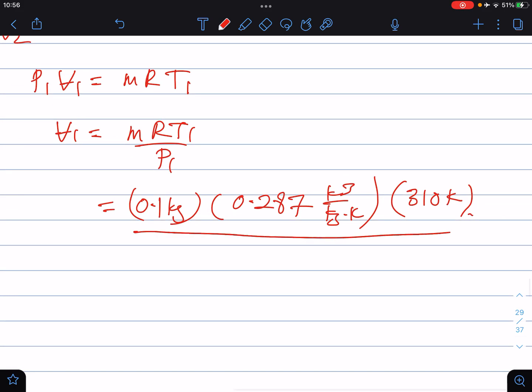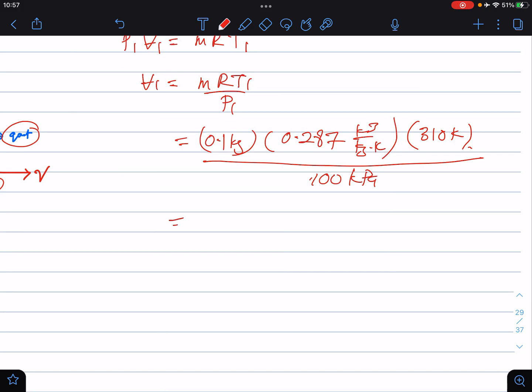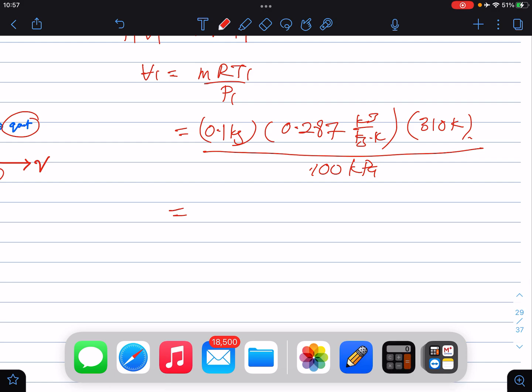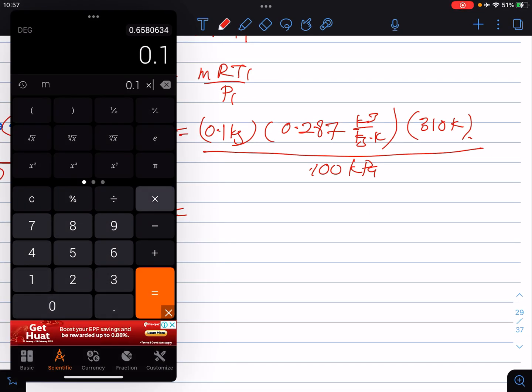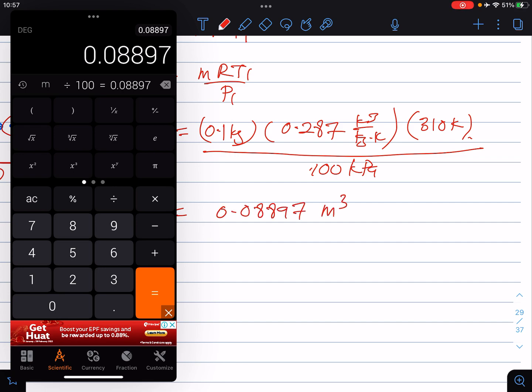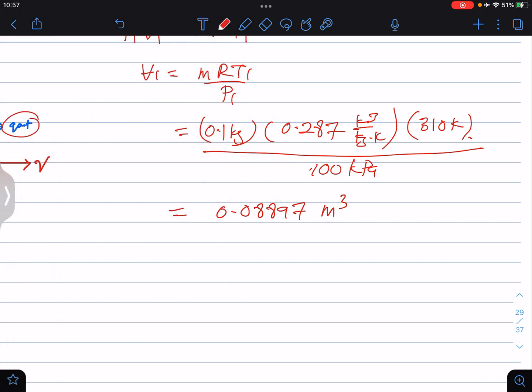Then your P1 is 100 kPa. Just use your calculator again. 0.1 times 0.287 times 310, divide by 100, equal 0.08897 meter cube. So this is your V1.